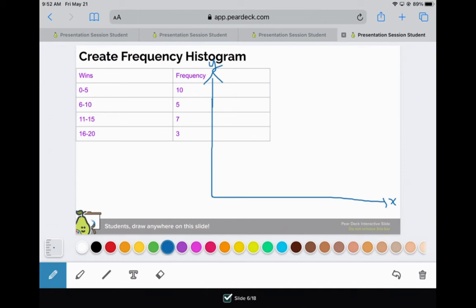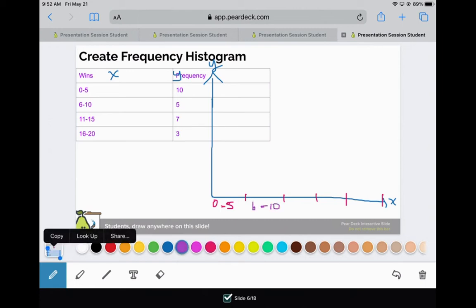Yes. So the first column is on my x-axis, the second column is on my y-axis. Yes, no space. That's important. No space. It's a bar graph, but no space. Yes. So I'm going to label the first one 1, 2, 3, 4, 5. So the first one is 0 to 5. The second one is 6 through 10.